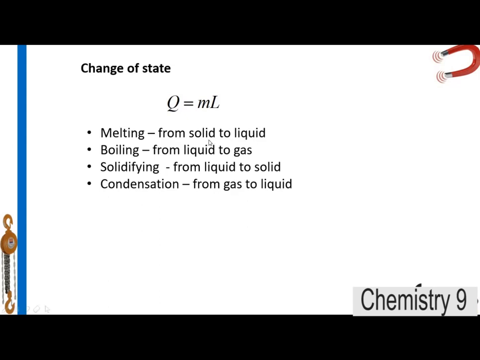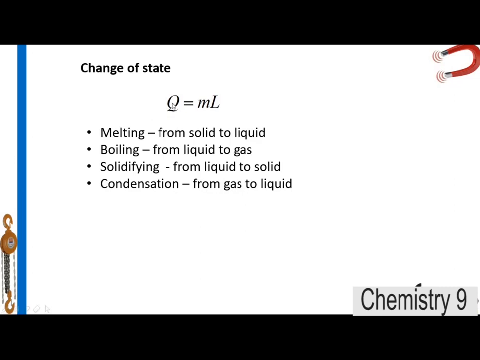And so for that particular phase where you have a solid turning into a liquid, the amount of energy required to totally break all the intermolecular forces in the solid so that it becomes a liquid can be calculated using this expression here, where Q is the amount of energy required to change one phase or state to another state, solid to a liquid, liquid to a gas, liquid to a solid, or gas to a liquid.